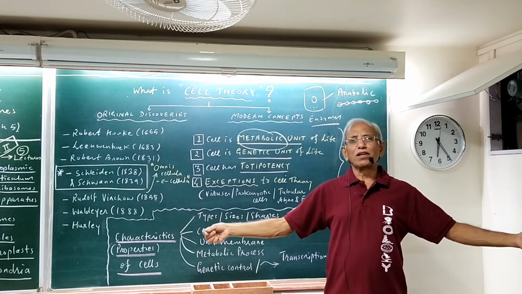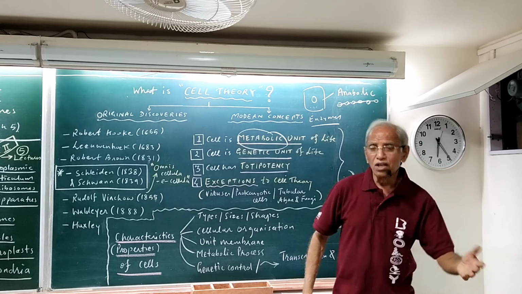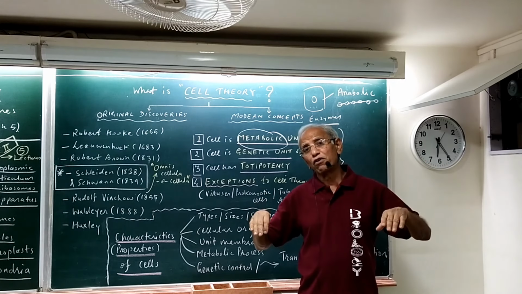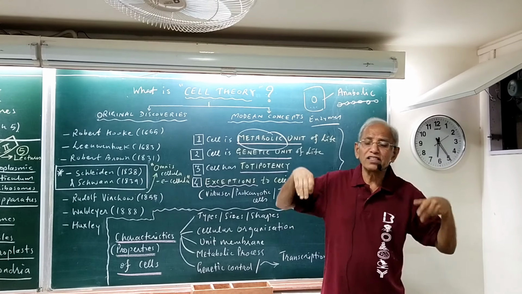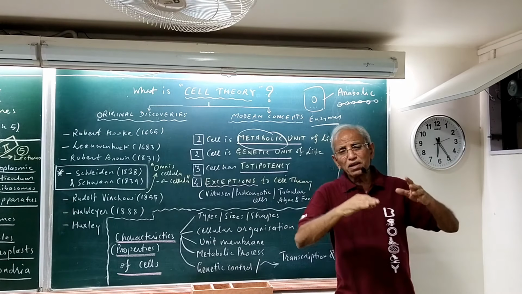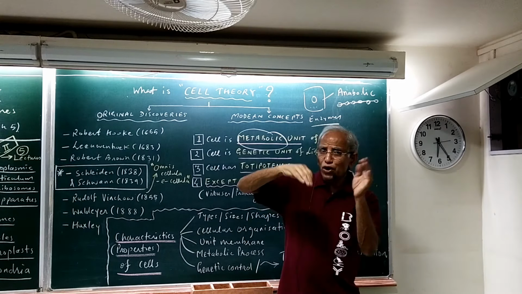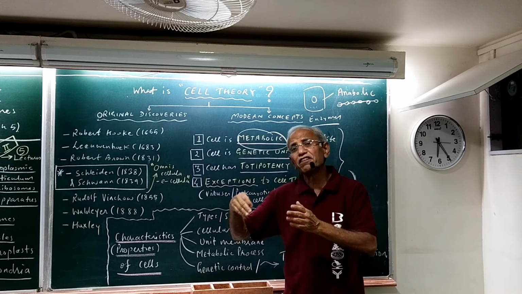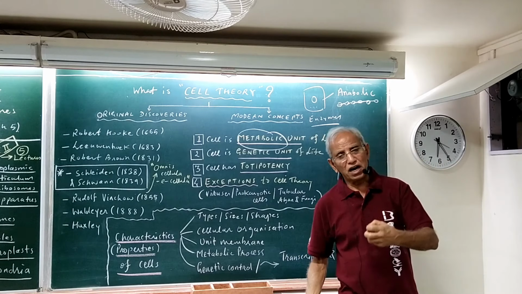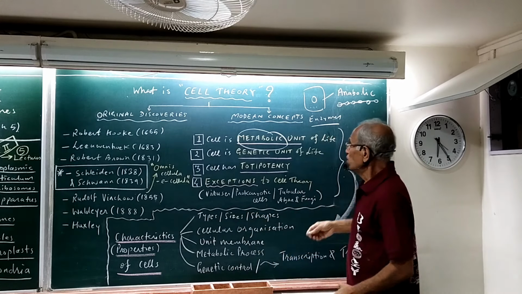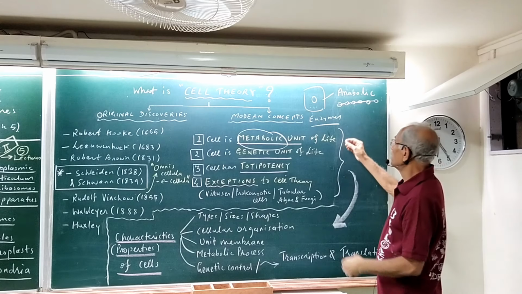The chain of glucose molecules will be called as cellulose. The chain of glucose molecule can also be formed called as glycogen. The chain of glucose molecules can also be called as starch. So the glucose molecule can get joined to each other in different ways, different fashions, and accordingly it will be either cellulose or starch or glycogen. So this is anabolism which is going on.